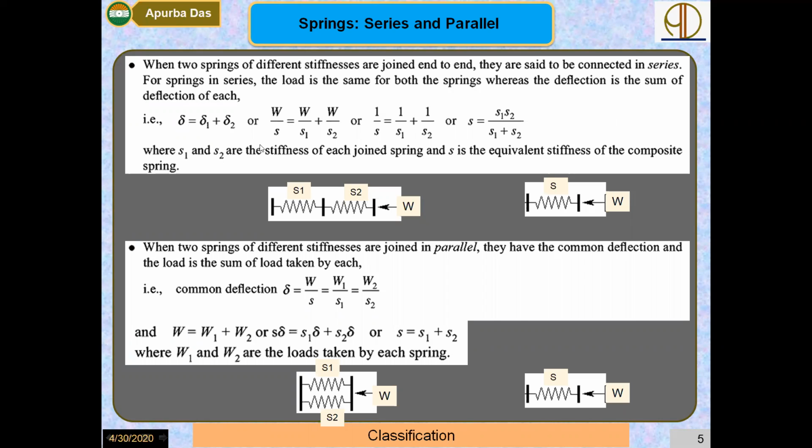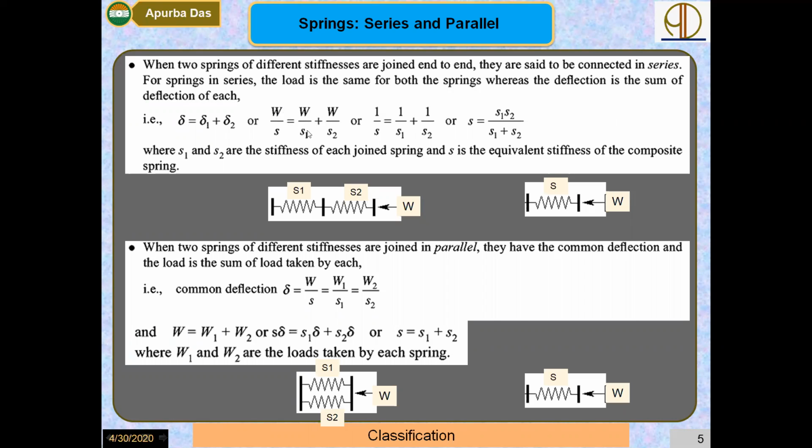Again, what is delta? Delta is nothing but load by stiffness. So the total load by stiffness is equal to load by stiffness S1 plus load by stiffness S2.